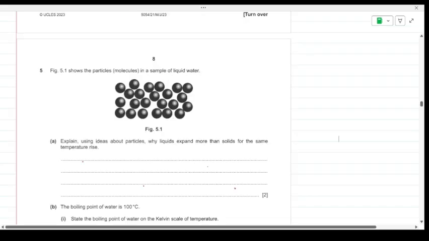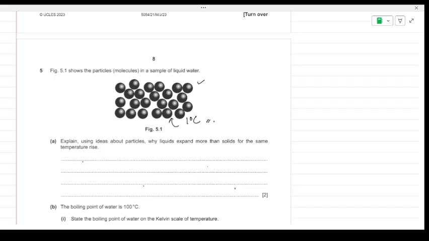Question number 5 says: figure 5.1 shows the particles, molecules, in a sample of liquid water. Explain using the idea about the particles why a liquid expands more than a solid for the same temperature rise. If I raise the temperature of these particles by 1 degree, why does the liquid expand more than the solid?